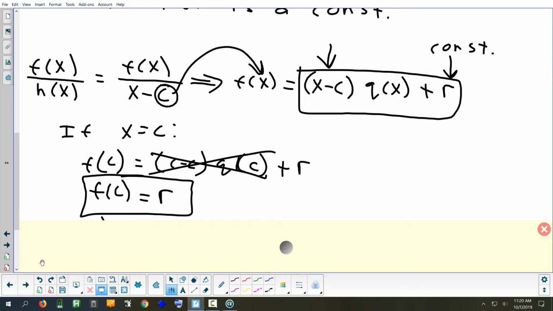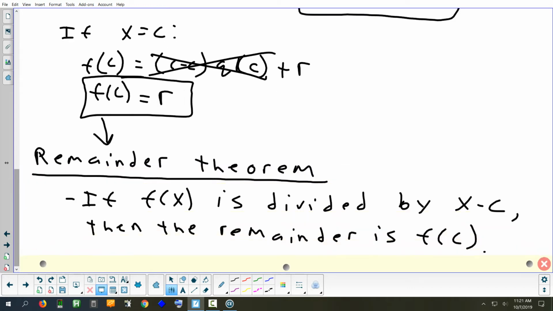And the trick is basically take what you're dividing by, plug in the number after the minus sign into the top, and magically it just gives you r. It will just give you the remainder without having to do all the division out. And that is the remainder theorem.